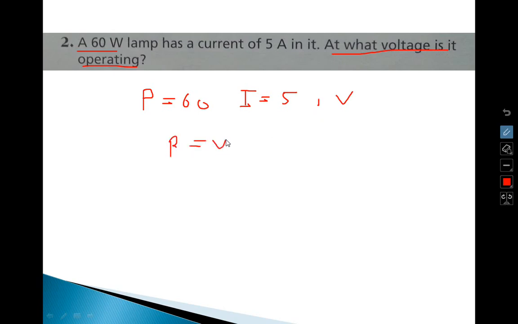P is equal to V times I. So we can say that V is equal to P over I. It's equal to 60 over 5 ampere, which is equal to 12 volt. Okay.